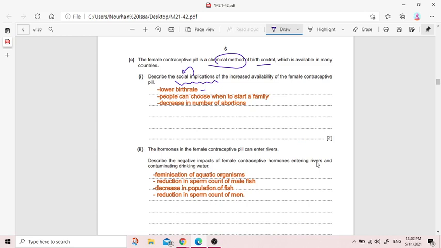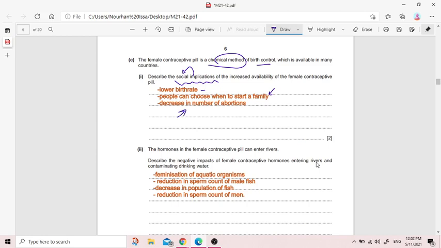Number 2, people can choose when to have a baby according to their circumstances. Financially, are they working, can they support a family? So they can choose when to start a family. Number 3, since they can choose, we will decrease the number of abortions.